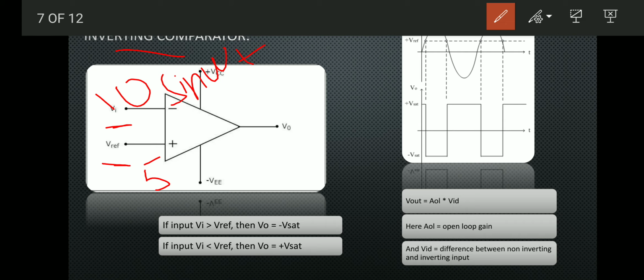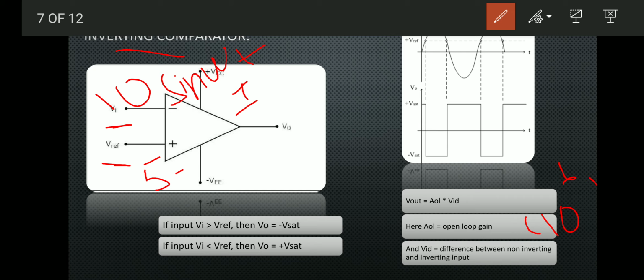Now if at the initial condition the input is 1 volt, in such a case 5 minus 1 is 4 volt, 4 volt into this AOL. The AOL is fixed as I said in the previous case, that is 10 to the power of 6.